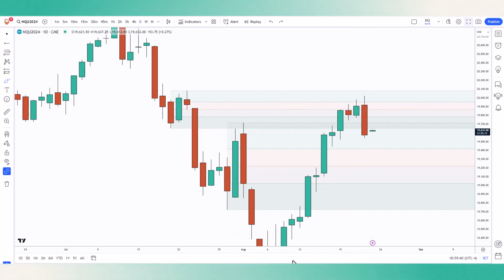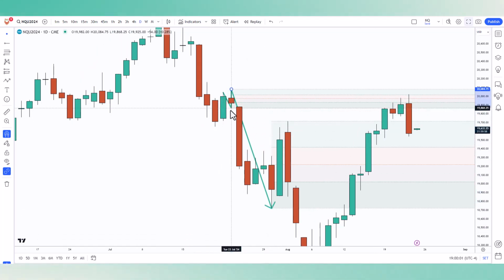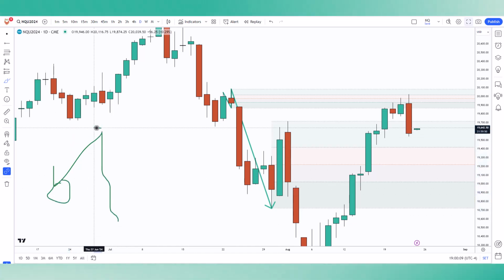So the reason why we tapped in here and took that high is because we have this swing that did all of this drop that left and mitigated. So this is how we measure the zone, take this swing and this swing.